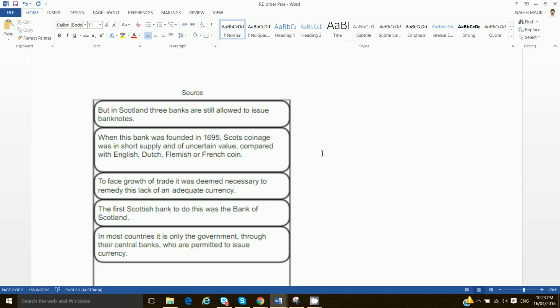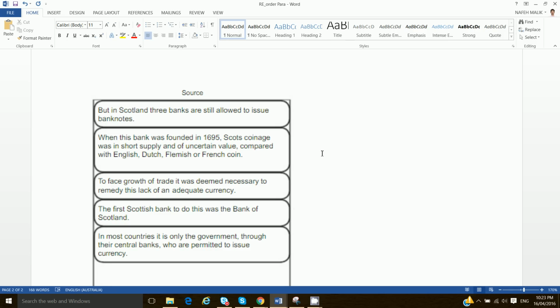So which one should the second sentence be? "But in Scotland, 3 banks were still allowed to issue banknotes." Would that be the second sentence? Yes, it would, because it carries forward the meaning of the first sentence.